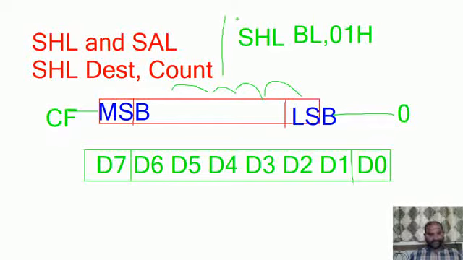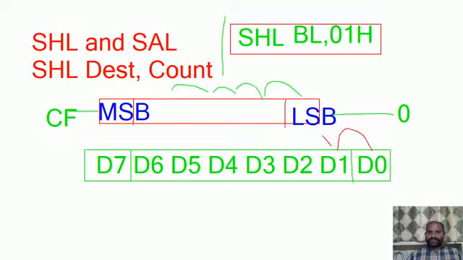For this particular instruction, this is an example I took from the explanation point of view. BL is an 8-bit number, and D0 is the LSB. Now this LSB is going to be shifted to the D1 bit position, D1 shifted to D2, D2 to D3, D3 to D4, D4 to D5, D5 to D6, and D6 to D7.